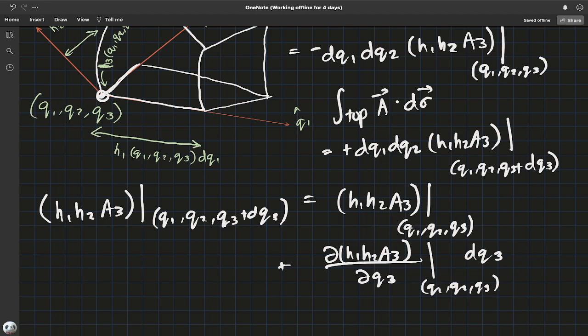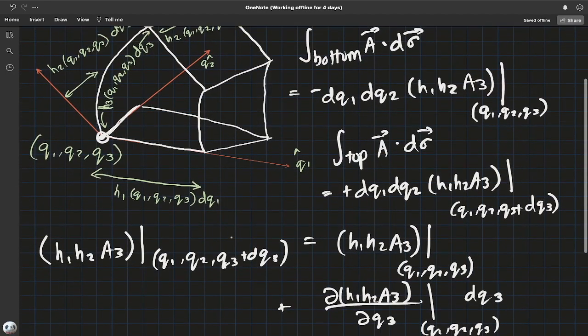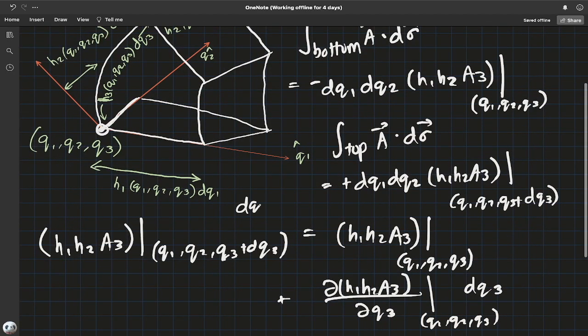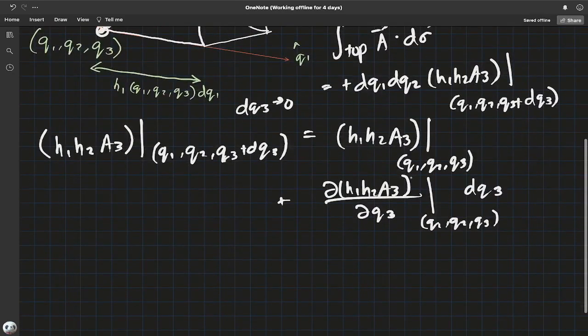And again, we can only do this because it's a differential volume element, so all these lengths, dq3 is basically going to 0, it's in that limit, so all these dq's, they're all going to 0. That's why we can do this kind of substitution.